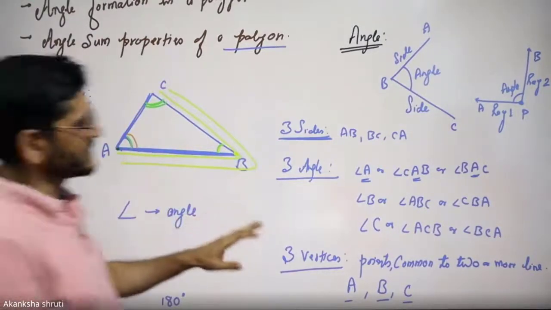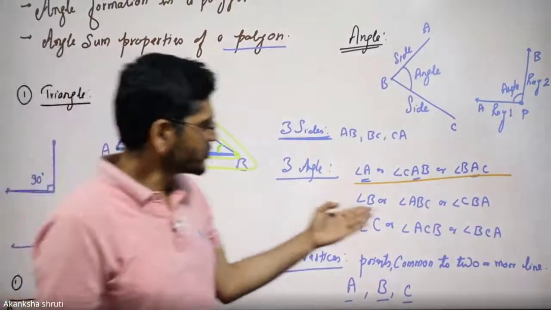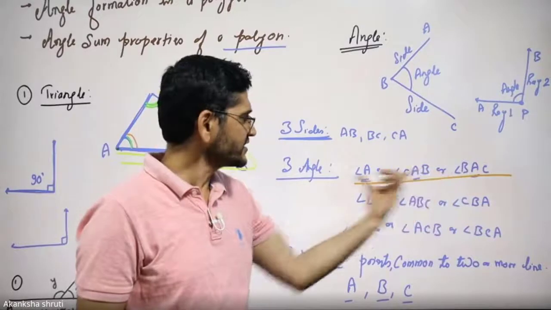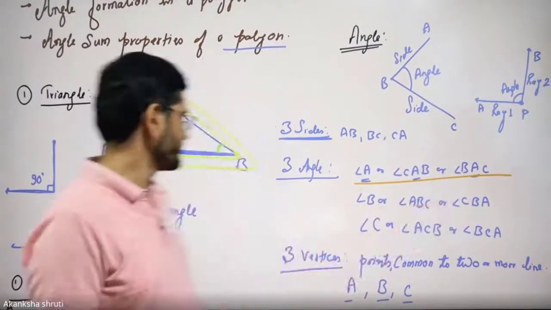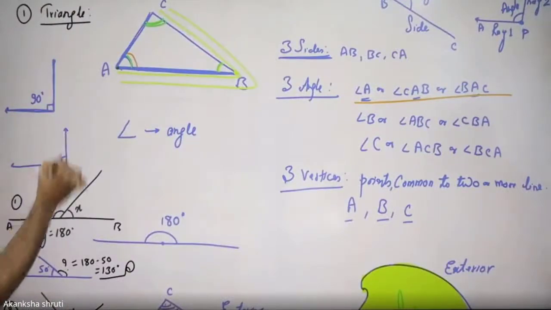All 3 mean the same thing. Similarly, B can also be given different names. So these 3 things represent the same. Students, then if just this symbol is given, it means it is 90 degrees.